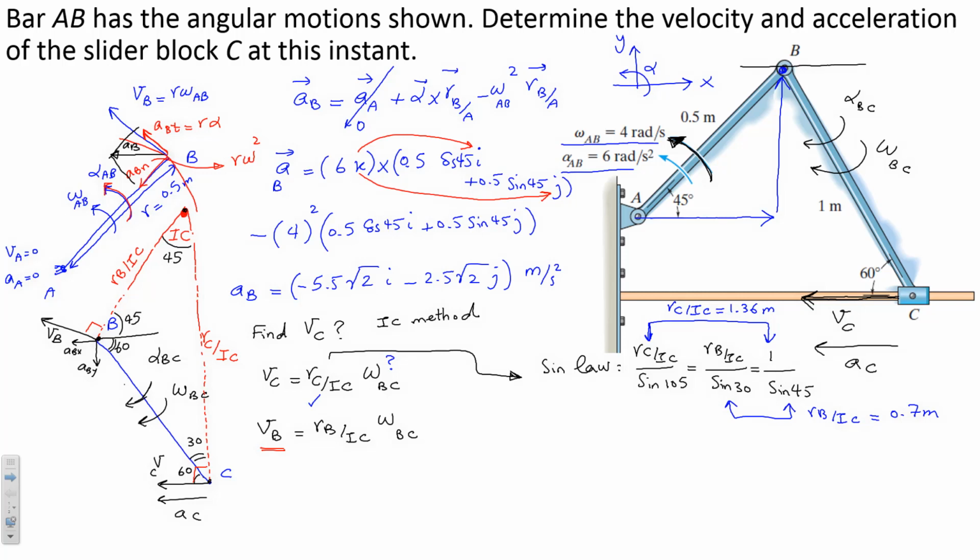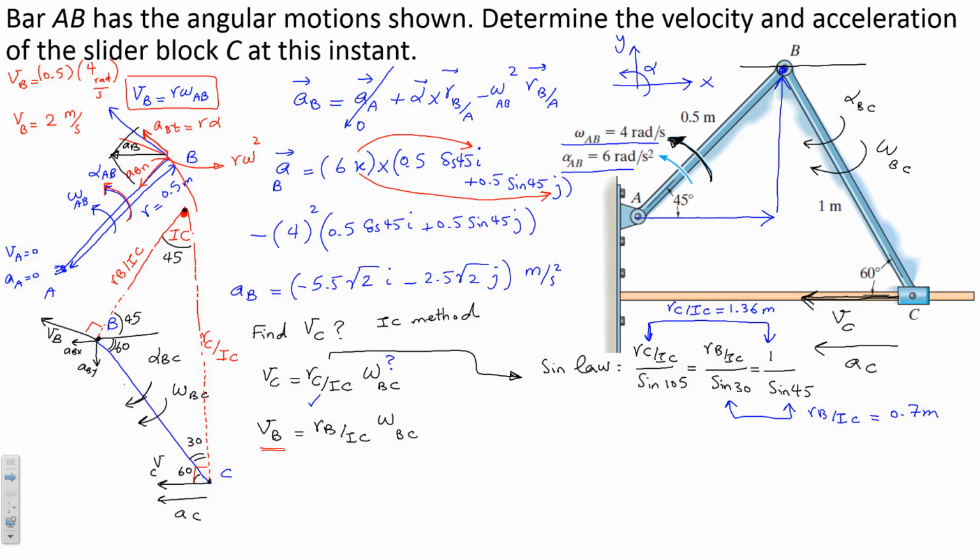So let's go back to link AB. VB was R omega AB. So VB is equal to, what is R? It is 0.5 meter times omega AB, which is equal to 4 radian per second. So VB is equal to 2 meter per second.